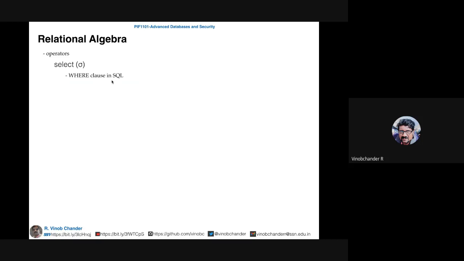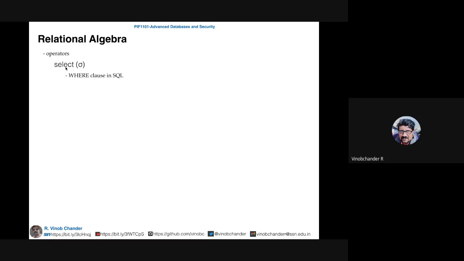Whenever you want to select something from a particular table, typically you write select this from this, where this particular condition holds. The where clause that you write in your SQL query corresponds to your sigma, or select operator.